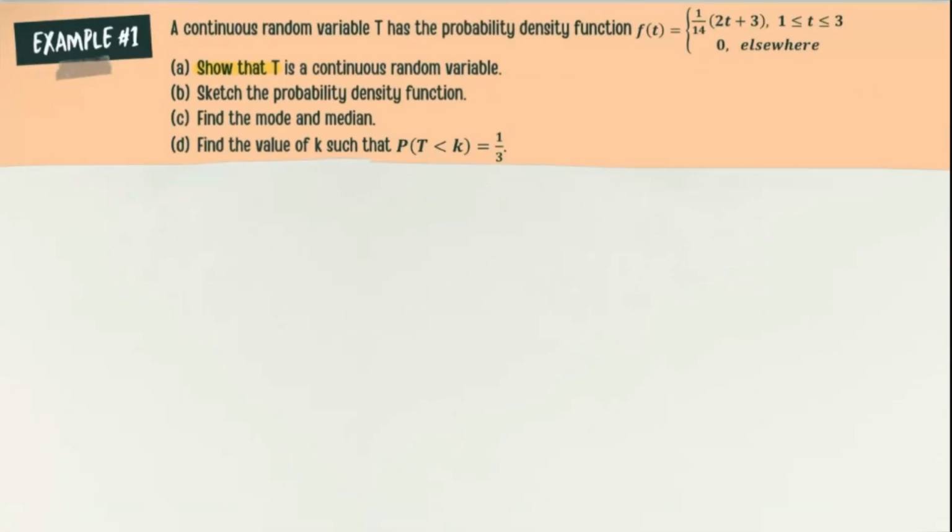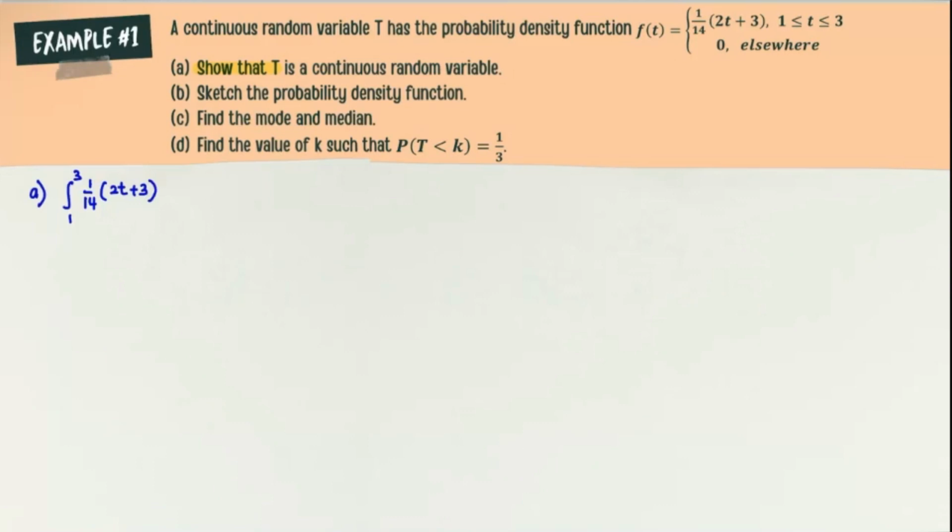So to answer question A, let's find the integration daripada 1 hingga 3. Sebab kat sini interval yang diberi 1 hingga 3 sahaja. Okay, so 1 hingga 3 of 1/14 (2t plus 3).